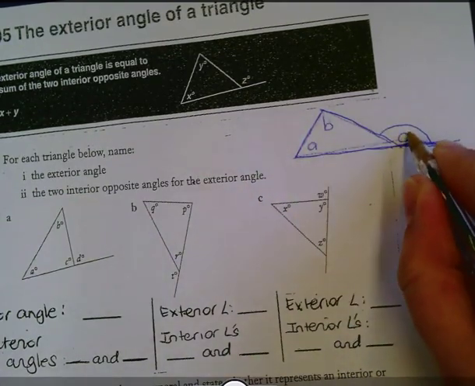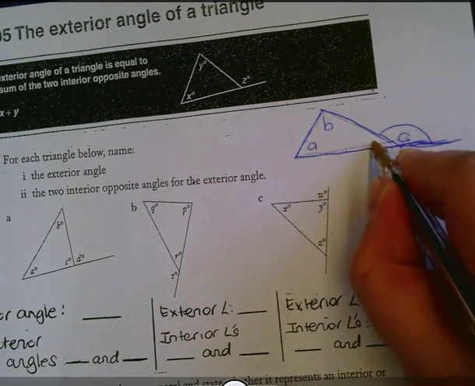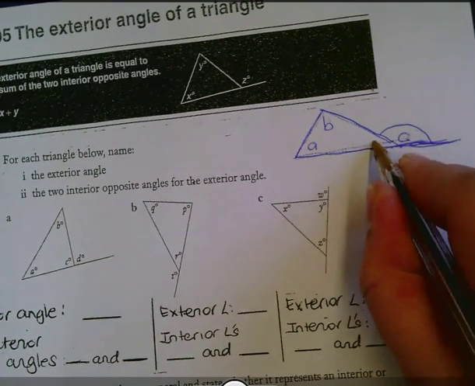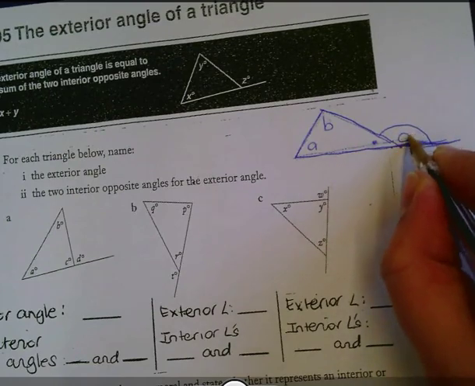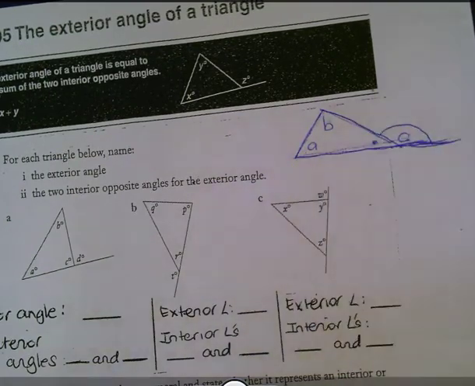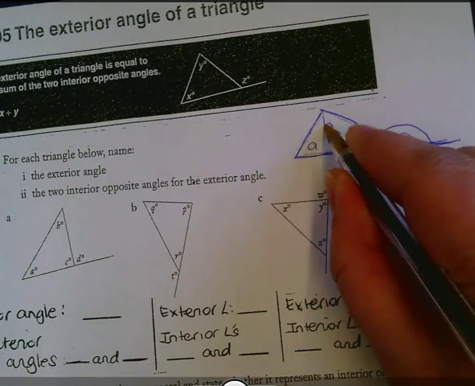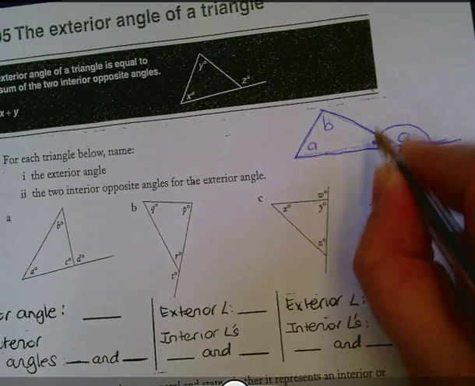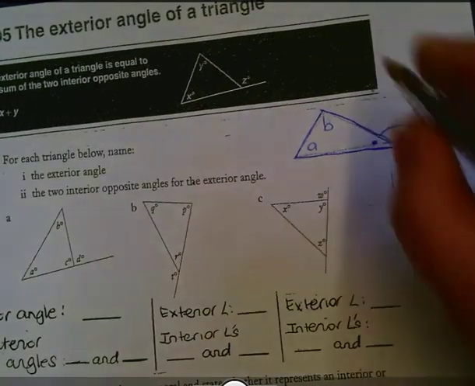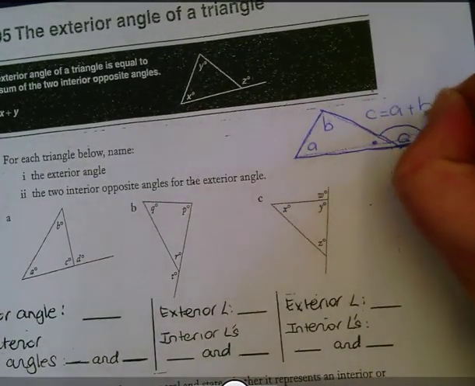So if I have angle C out here and its exterior, where I've put a dot there, that's adjacent to C. C equals the sum of the other two angles, the two interior opposite angles to where C is. A and B are opposite to C. So in this case, C equals A plus B.